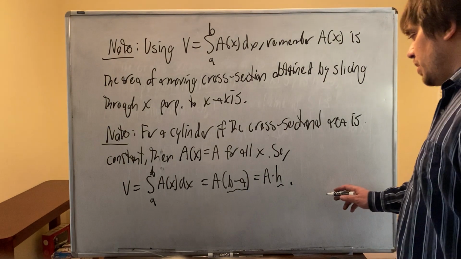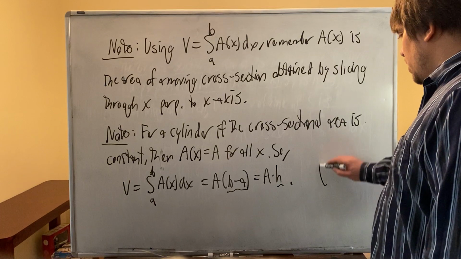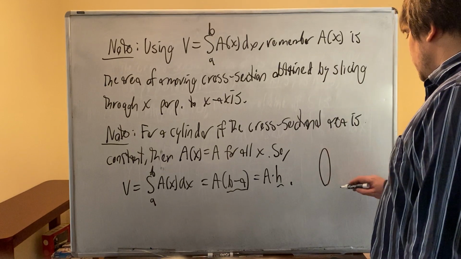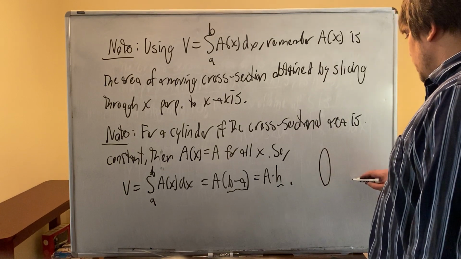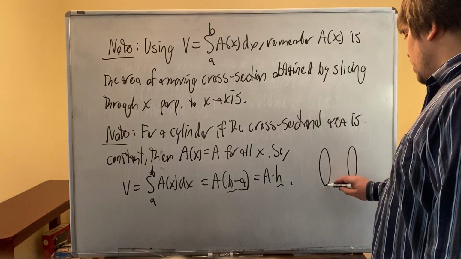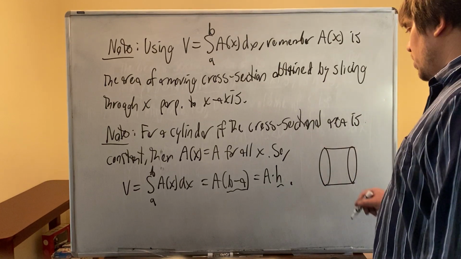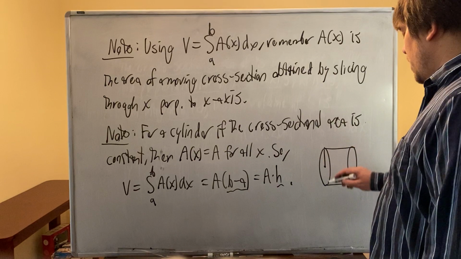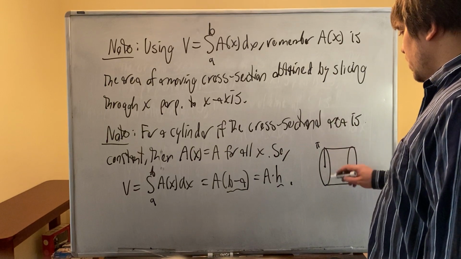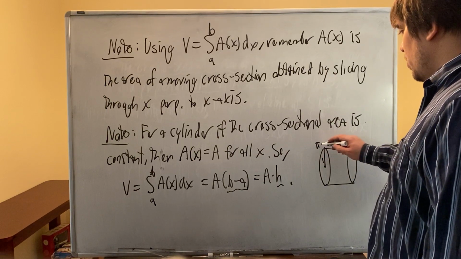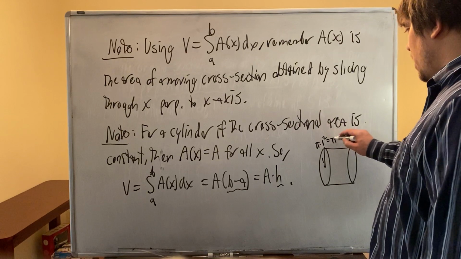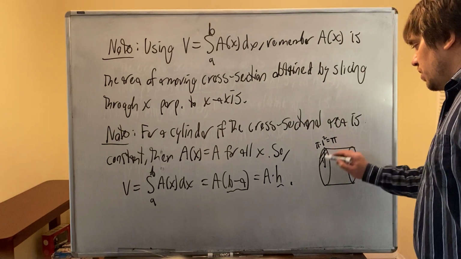So, for instance, let's say you had a circle here, and the cylinder is one where the base area is pi times, let's say the radius is 1, so pi times 1 squared, which is pi, right? That's the area of the base.